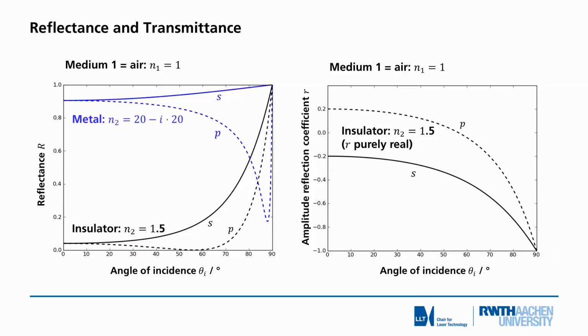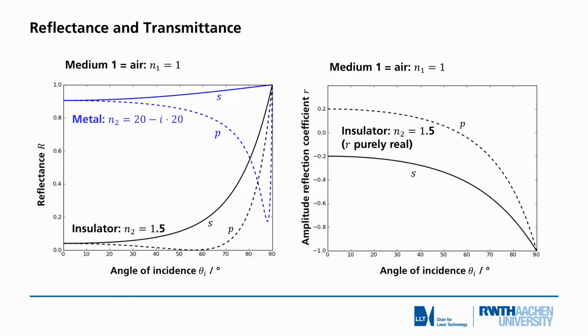So there will be a pretty strong dependence expected for the angle of incidence for the polarization direction parallel to the incident plane. So what I just described by gesture, now you can see in a plot of the Fresnel equations which describe the dependence of reflectance and transmittance.